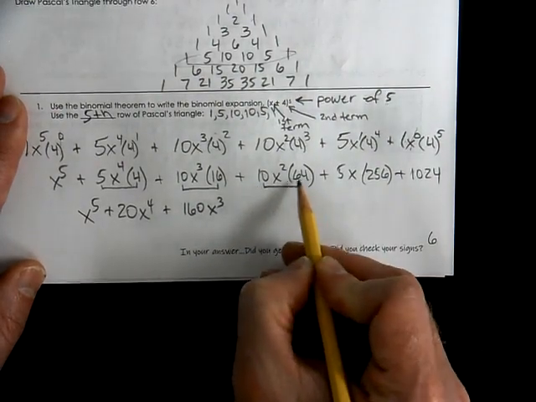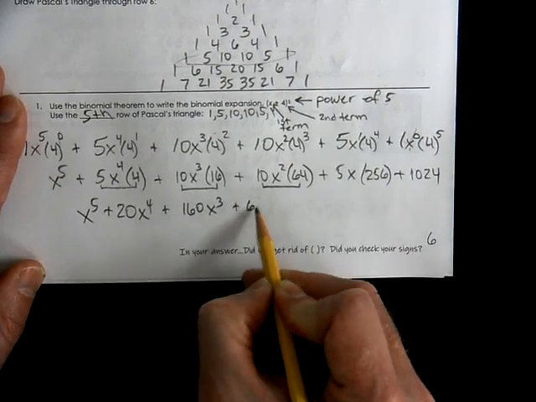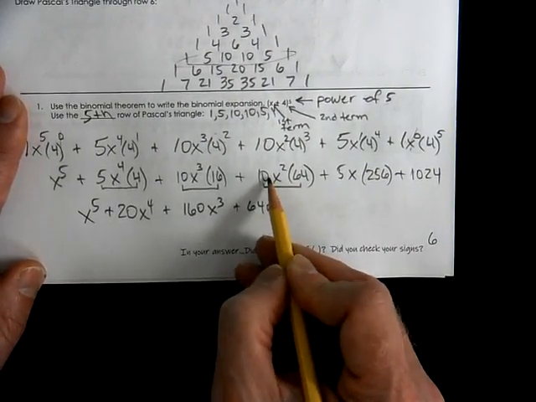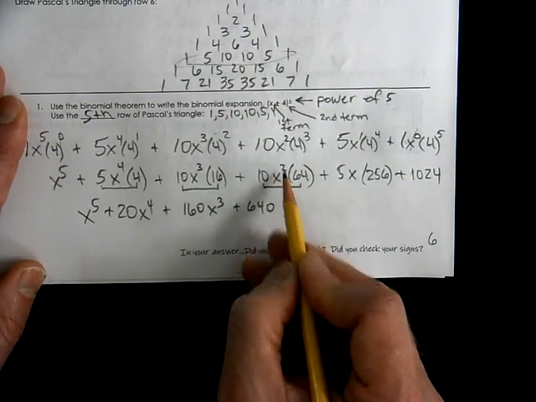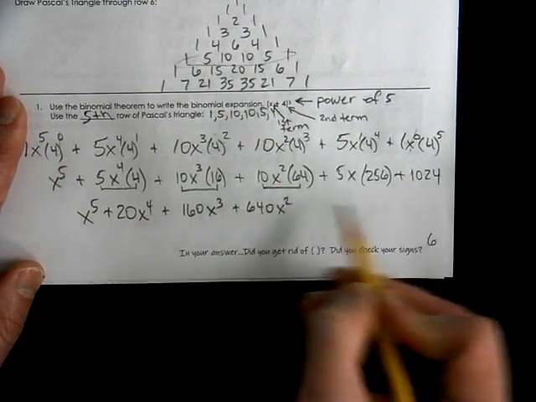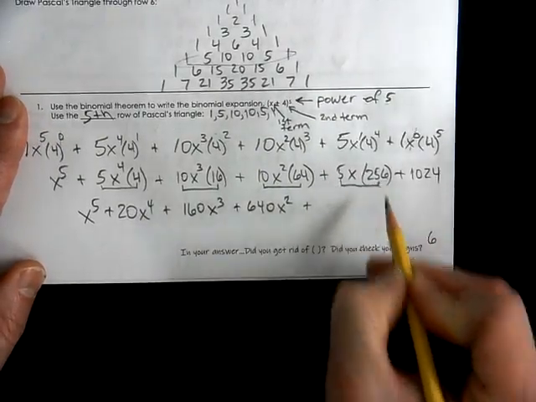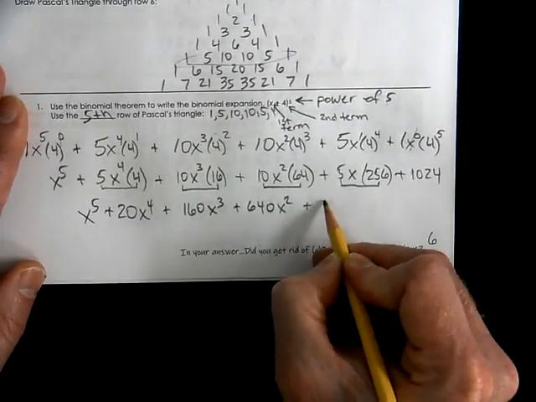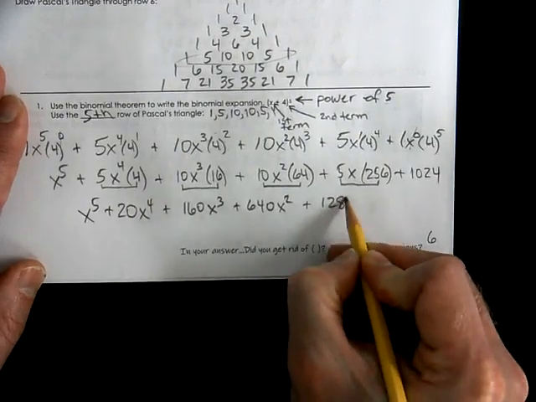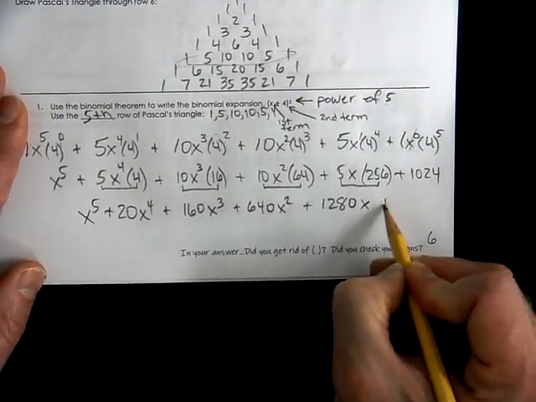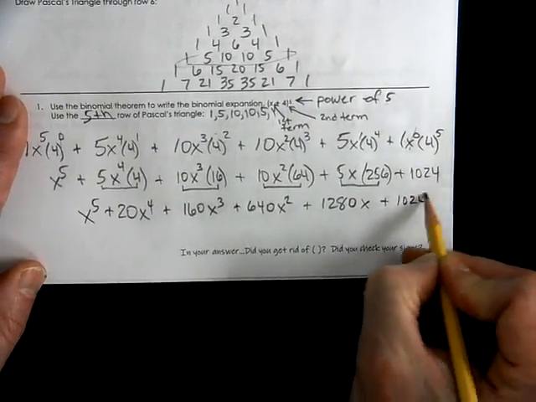Whenever you multiply by 10, you're just putting a 0 after your multiple. So 64 times 10 is 640, x squared. This one's a little bit more complicated. 5 times, this is going to be 1280, and then 1024.